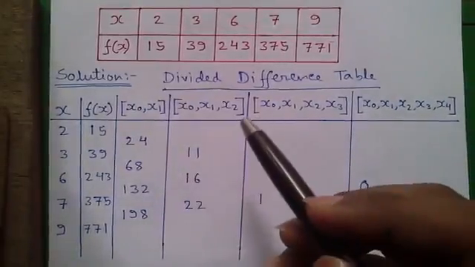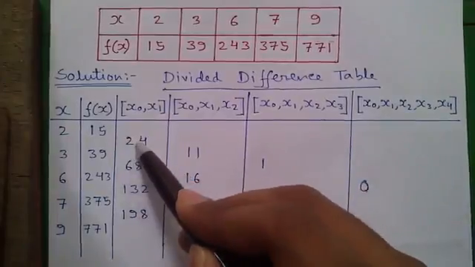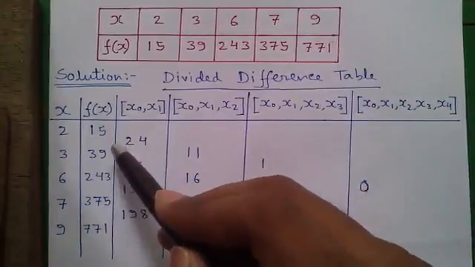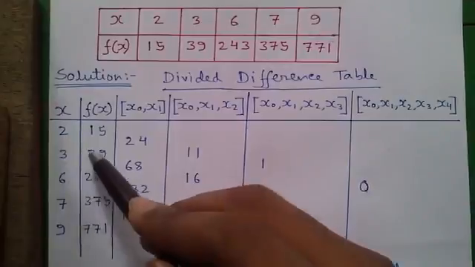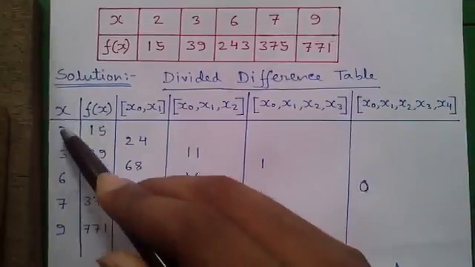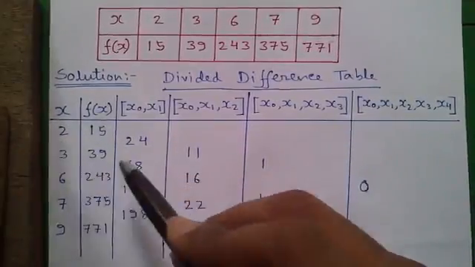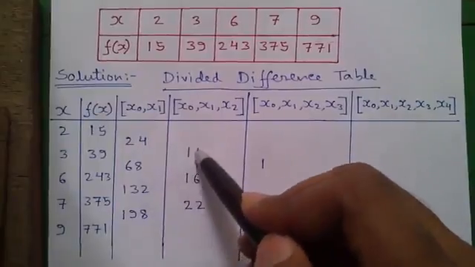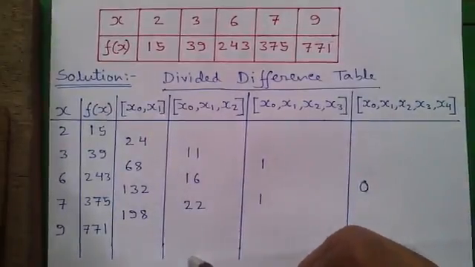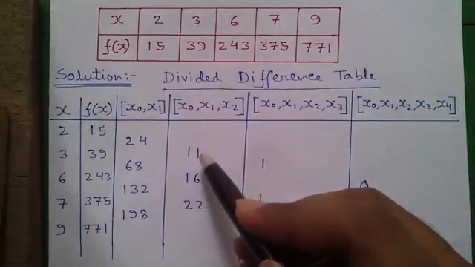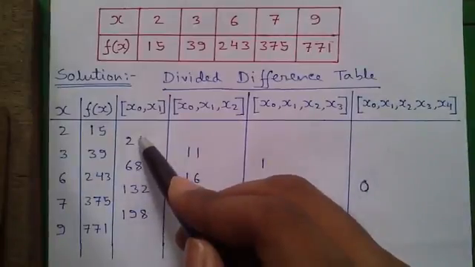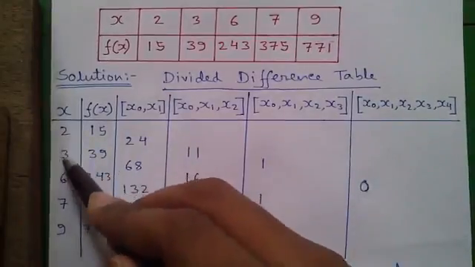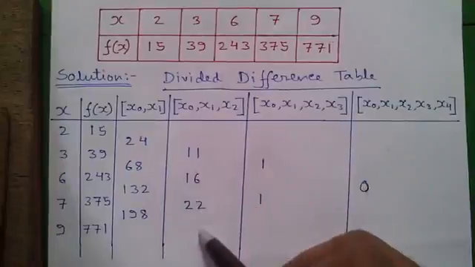So the logic for making the table is, for the first column we will not take any gap, that is this minus this divided by this minus this with no gap. For the second column we will take a gap of 1 number, that is 68 minus 24 divided by 6 minus 2 with a gap of 1 number, and so on.